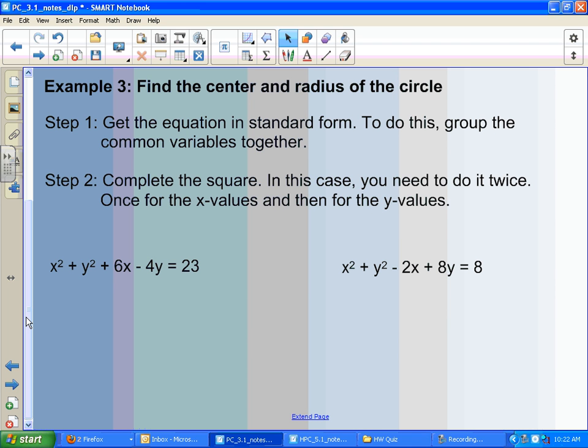So here's what I'm going to suggest you do on this. Here are our steps. Get the equation in standard form, which means, again, standard form is x minus h, y minus k squared, r squared. I'm just going to write minus, but it could be plus.